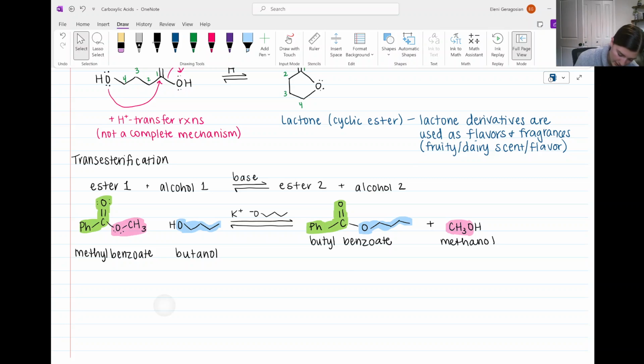So let's just write this down. One ester is not favored over the other.